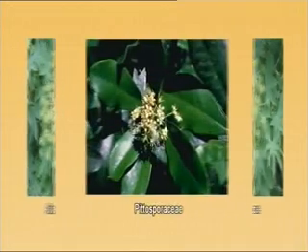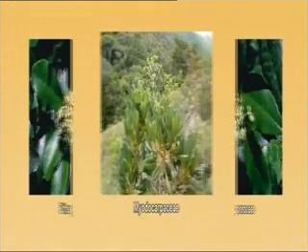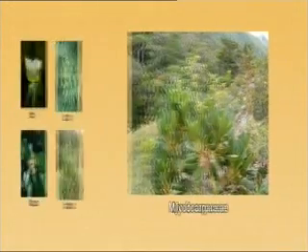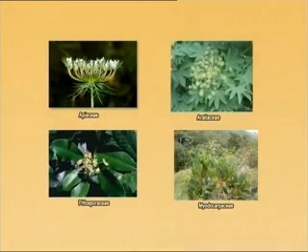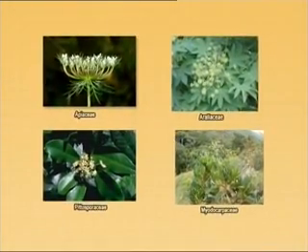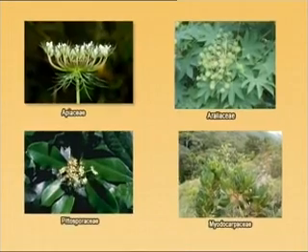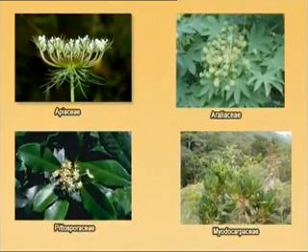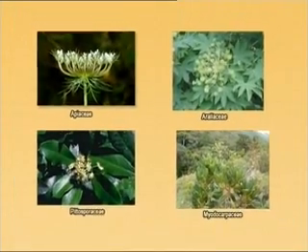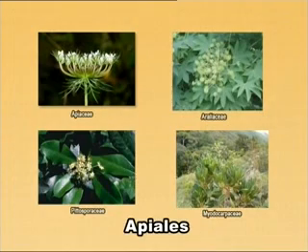The family is most closely related, that means its sister families are Araliaceae, Pittosporaceae, and Myodocarpaceae. These four families, that is Apiaceae and the rest of the three sister families, Araliaceae, Pittosporaceae and Myodocarpaceae, are placed under a single order Apiales.